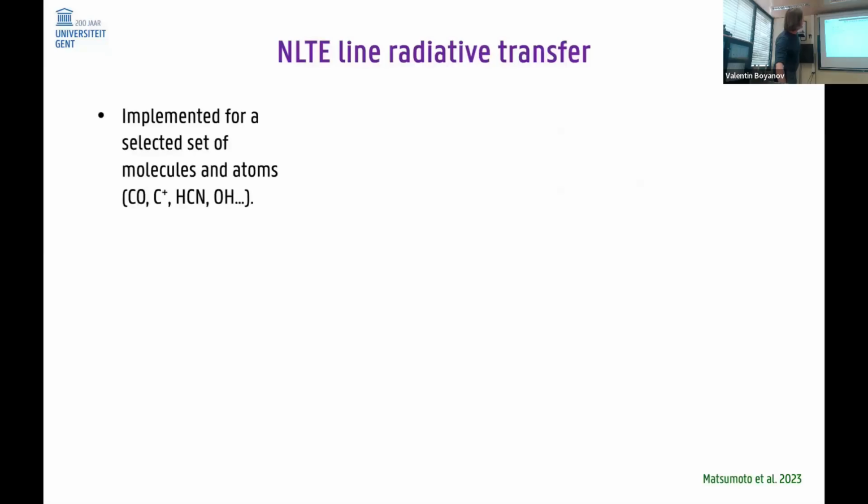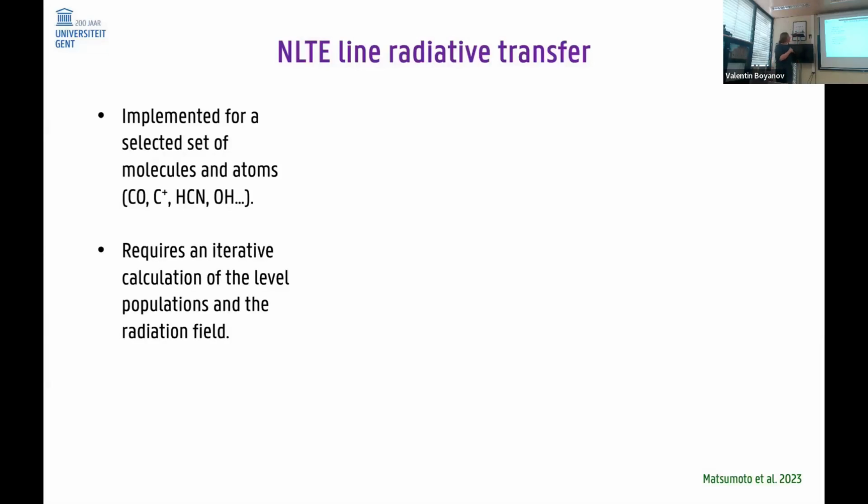The last implementation we had is line radiative transfer. So it's transfer in molecular and atomic lines, like CO and C+ and OH and so on, where this becomes a bit more challenging because you iteratively need to go over your level populations and your radiative transfer. Your level populations depend on the amount of radiation, and your radiation depends on the level populations. So you need iteration, which is only possible if we have big computers.